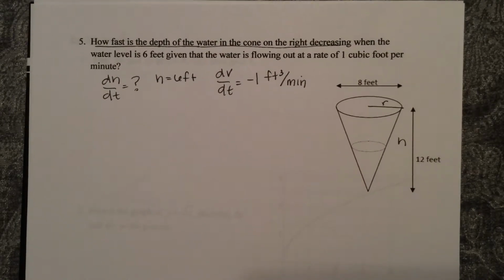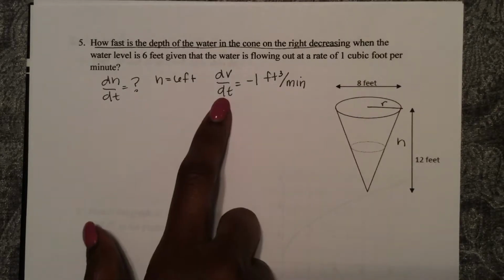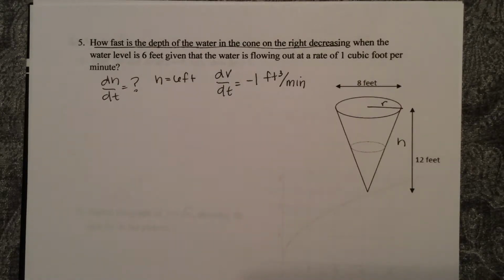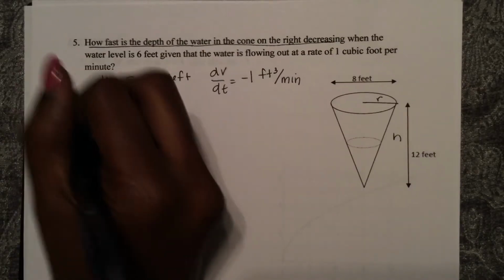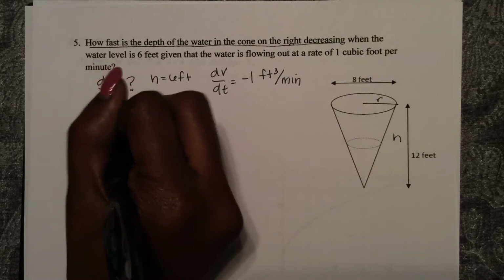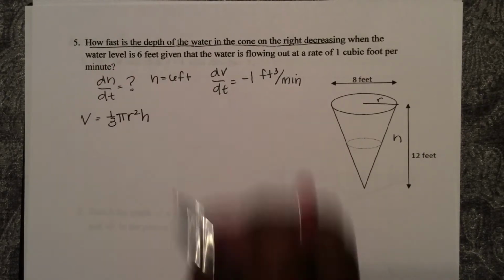So now that I know what I know and what I'm looking for, what equation can I set up that connects these variables? Well, I'm given dV/dt, so I should be doing something with volume. From geometry, I know that the volume of a cone is 1/3 pi r squared h.